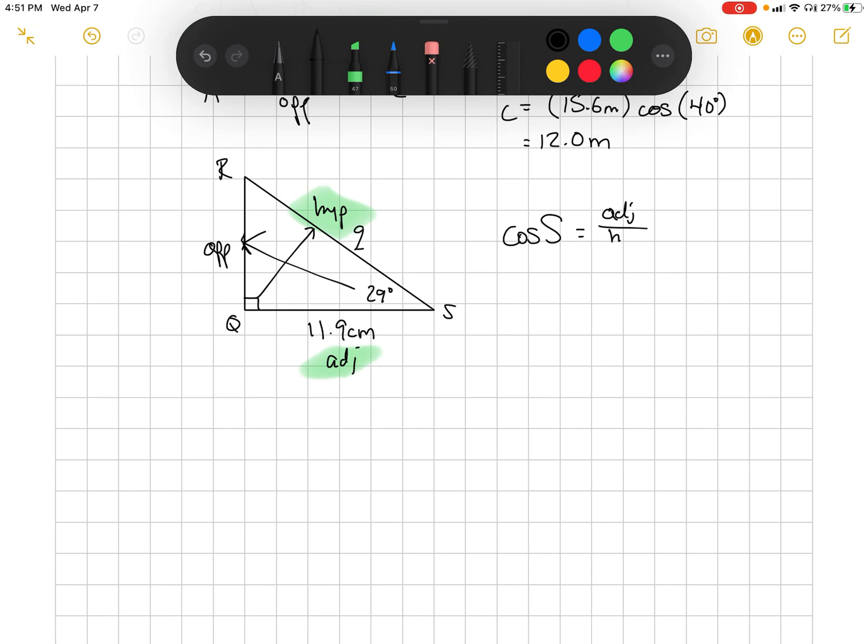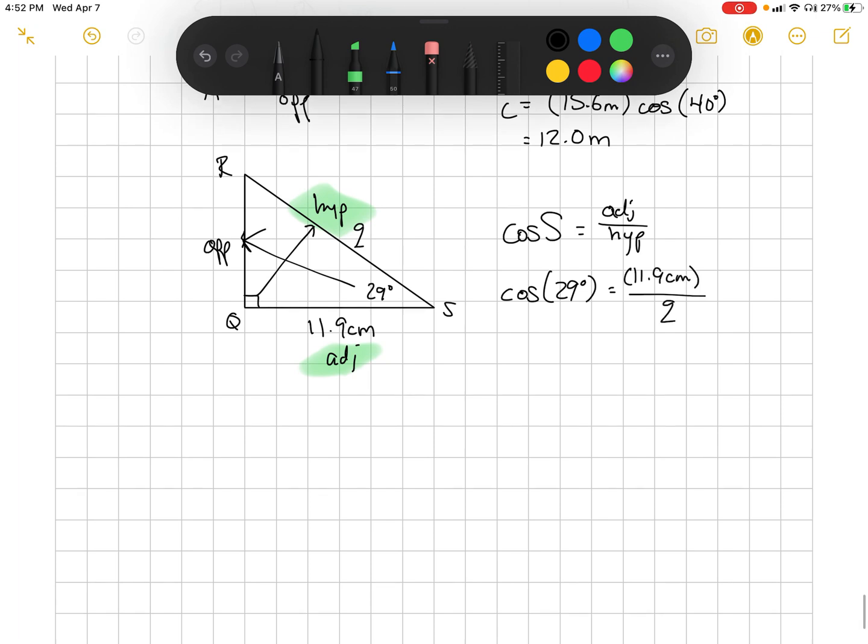adjacent over the hypotenuse. So cosine of 29, oh, that doesn't look like a C. I'm going to fix that. Cosine of 29 degrees is equal to our adjacent side, 11.9 centimeters, over our hypotenuse Q, like so. So same thing as before.